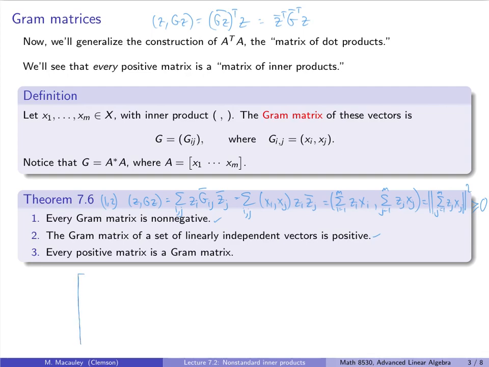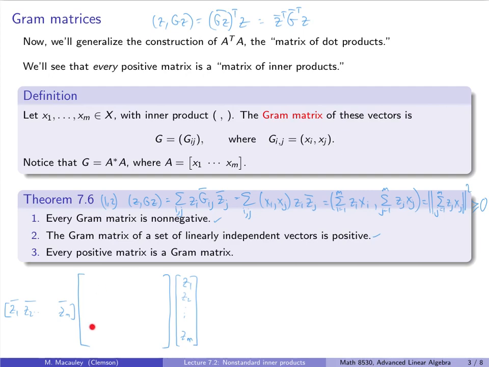So z, the inner product of z with Gz, I'll write it like this. This is z1, z2 up to zm, and then what I have here is z1, z2 up to zm, and I really should put bars here.